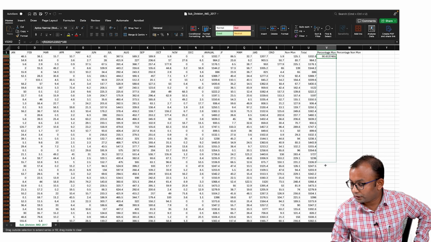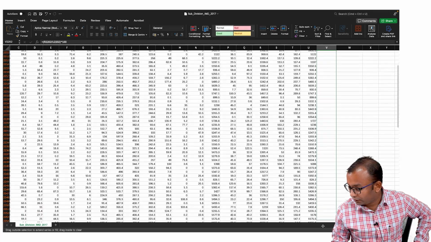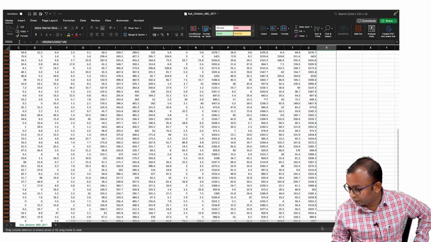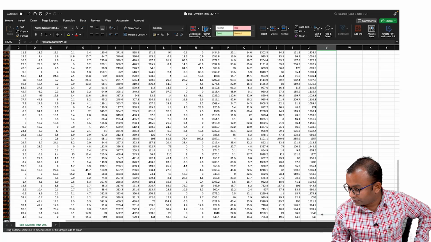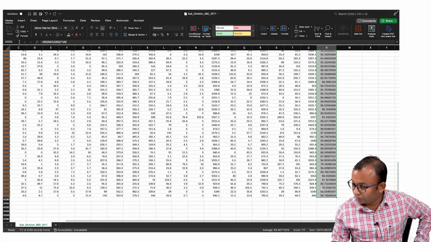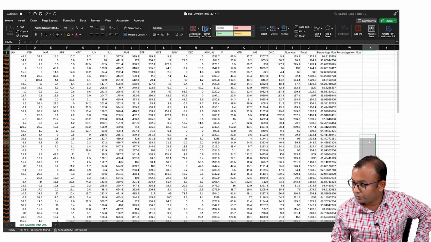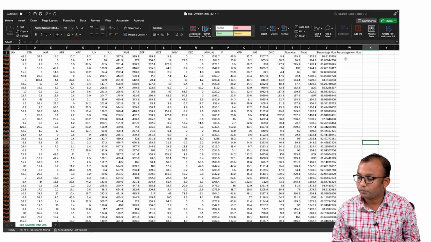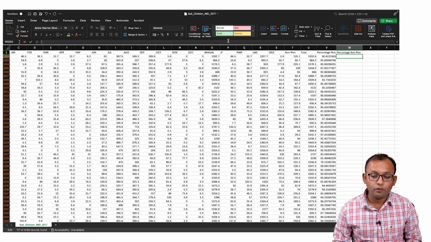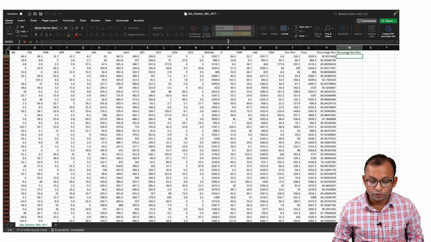Now, you can calculate these values for all these cells. Now, you can see this is the percentage of the total rainfall we received during the monsoon month. You can also calculate the percentage non-monsoon rainfall.